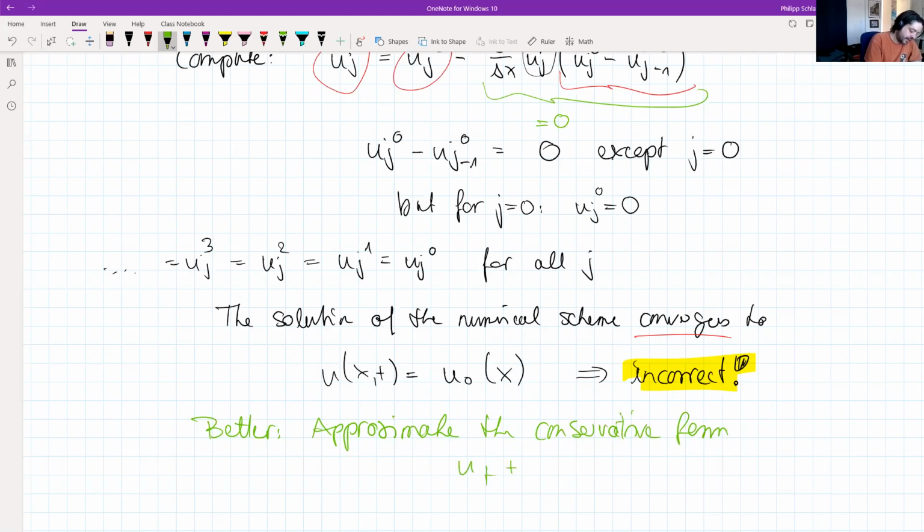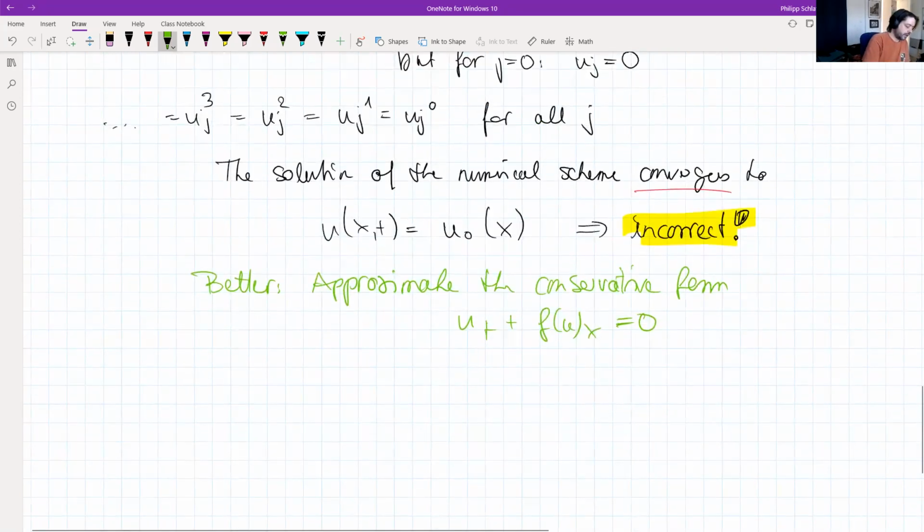So that's u_t plus f(u)_x being 0 instead. And then you would not have this problem. So from now on, we will look at the conservative form and discretize that. We will get back to this point a few more times later on. Okay, so this was my motivating example for how to formulate numerical schemes for conservation laws.